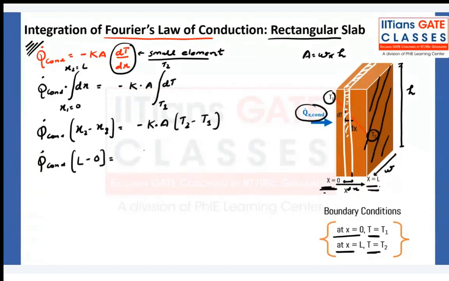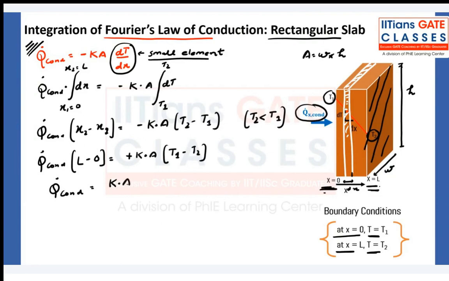And also, I know that T2 is less than T1. So what can I do? I can write plus KA and swap the values to T1 minus T2. Now we will get a positive value. So here Q dot conduction is equal to KA (T1 minus T2) by L.